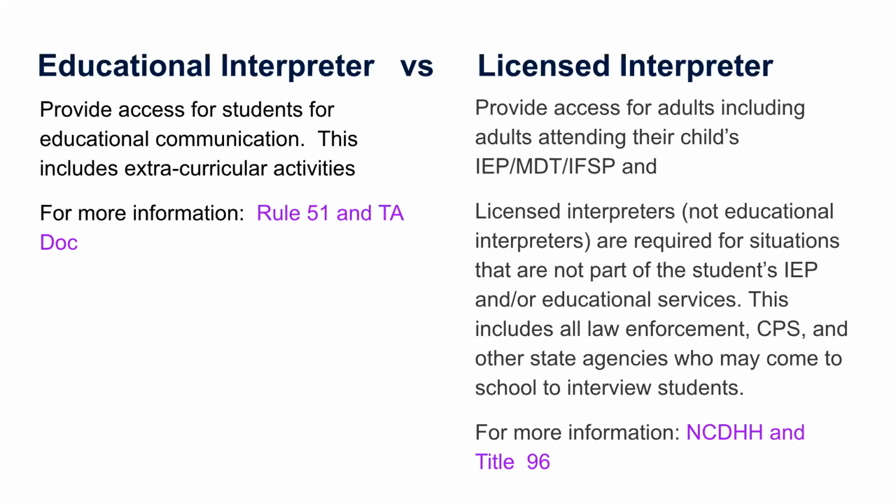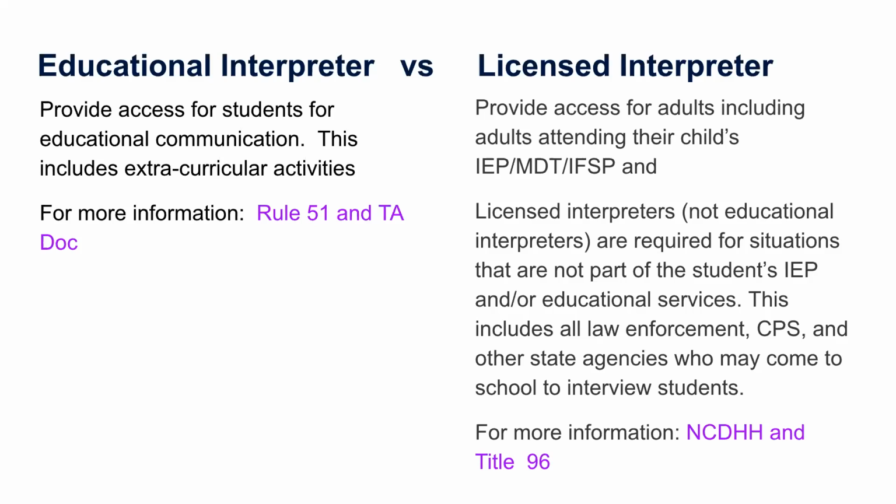The other thing of importance is sometimes you have situations where students who are deaf or hard of hearing or deafblind may be involved with law enforcement, or Child Protective Services may come into your building to interview that student about something that happened. That is not an educational activity providing access to educational communication or to extracurriculars.